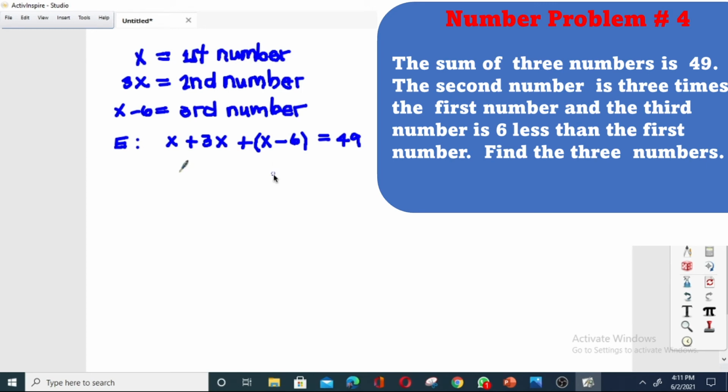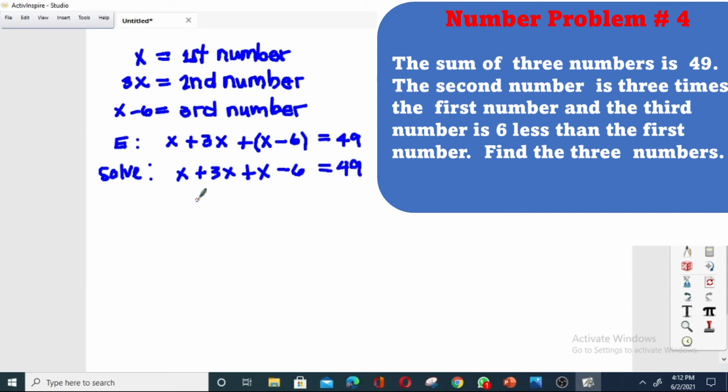So from here we can now solve the equation. Very simple. Just combine the similar terms. Let us simplify first the terms in the parentheses: 3x plus x minus 6 is equal to 49.